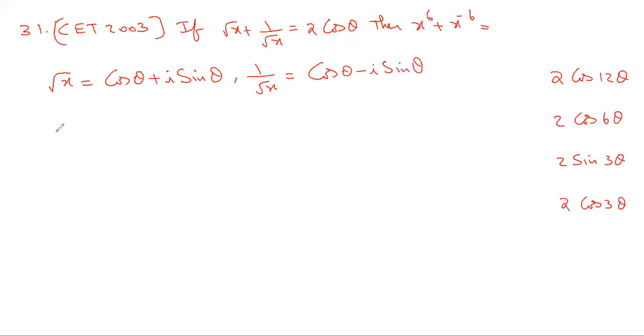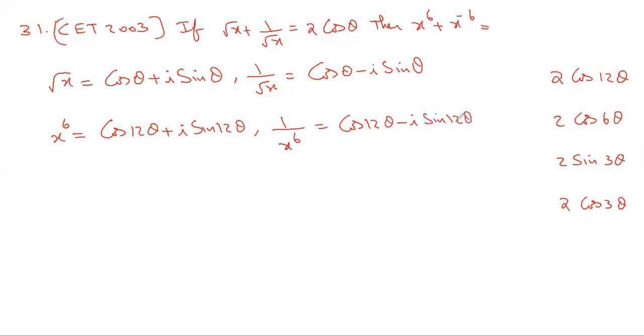And using the same de Moivre's theorem, not power 6, power 12 you need to take. If you take the power 12, then you get x power 6 here, and cos 12 theta plus i sin 12 theta. And here also 1 by x power 6 equal to cos 12 theta minus i sin 12 theta. So then you get x power 6 plus x power minus 6.